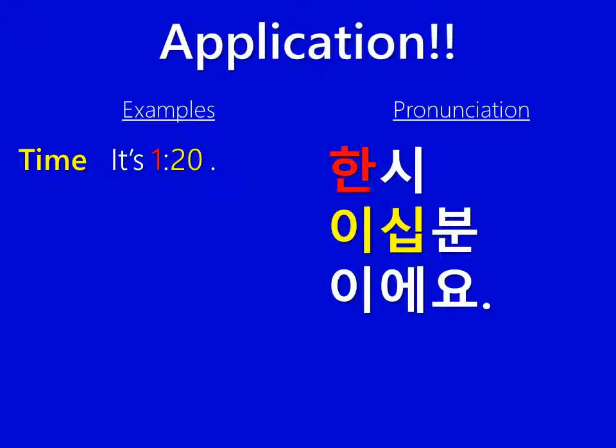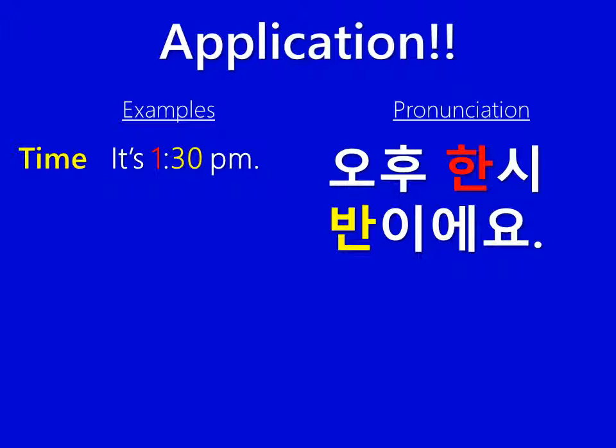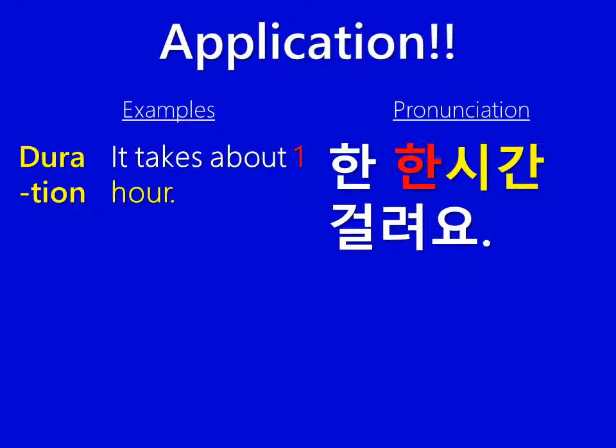Once again, you mix both Sino-Korean and native Korean number systems here. If it's 1:30 p.m., you say 오후, which means p.m., 오후 1시 반. 반 is a half. You can say 30분, that's fine. You can just say half past 1, so 1시 반이에요. Again, you mix both number systems here.